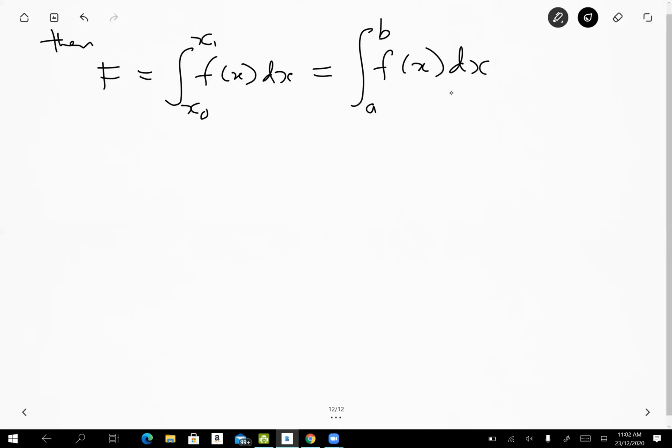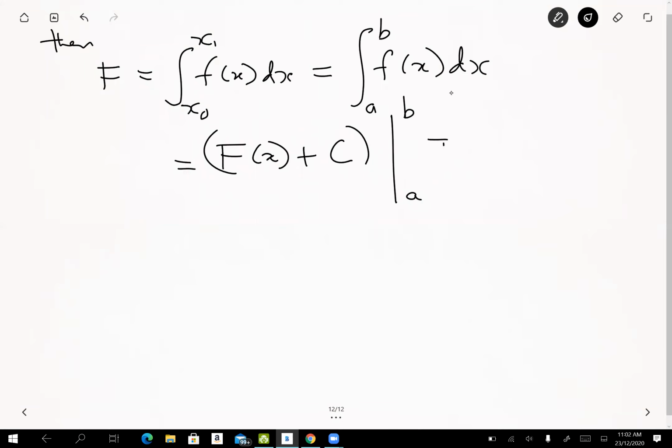And what is it equal to? That is equal to capital F of x plus c, the constant c, evaluated at point A, point B. So we evaluate the value of the integral at A, and the value of the integral at B.